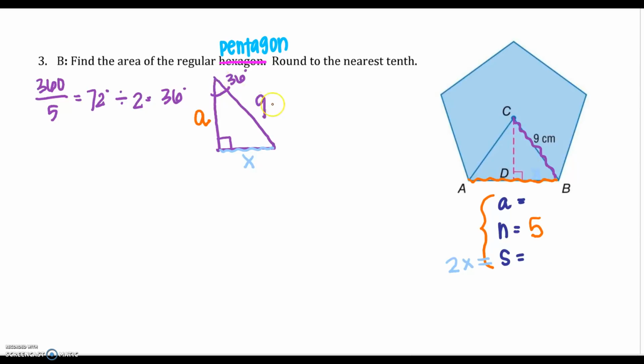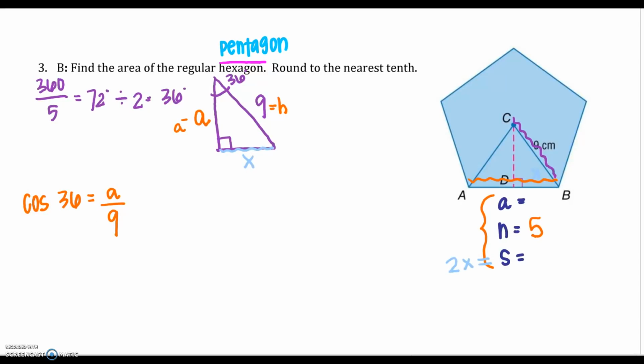So I know that this is my hypotenuse, this is my adjacent, so I'm going to use cosine. So cosine of 36 equals A over 9. Since it's on the bottom, I'm going to cross multiply. A equals 9 times the cosine of 36.